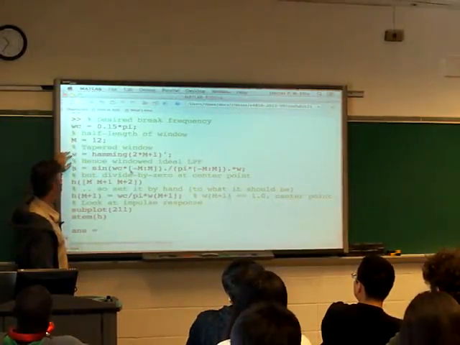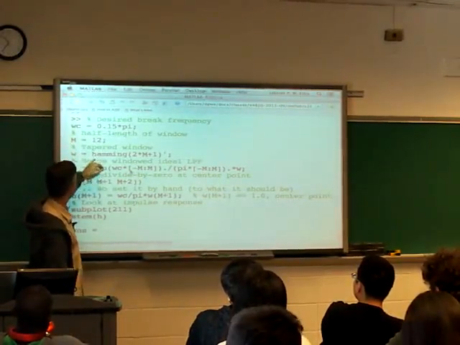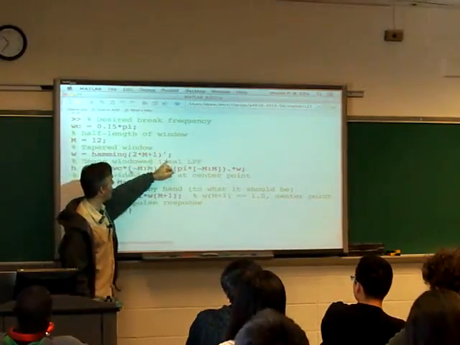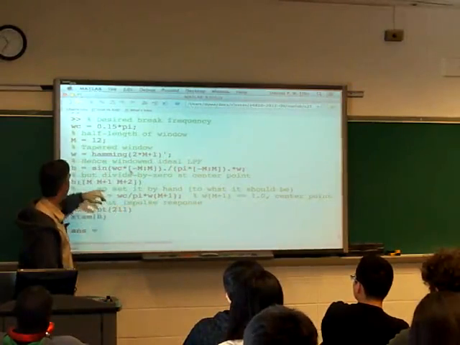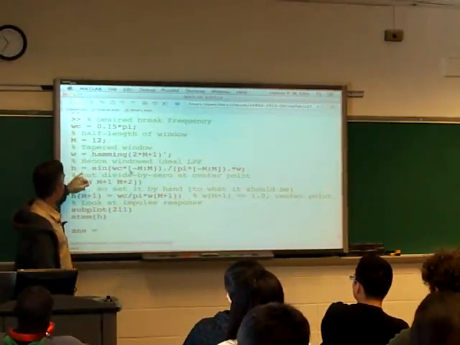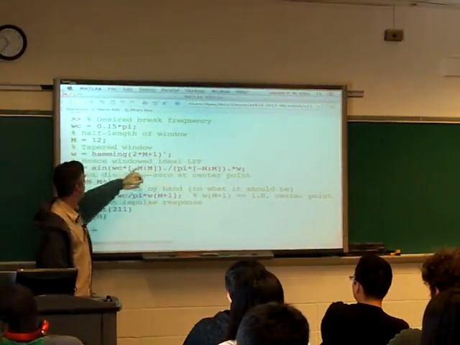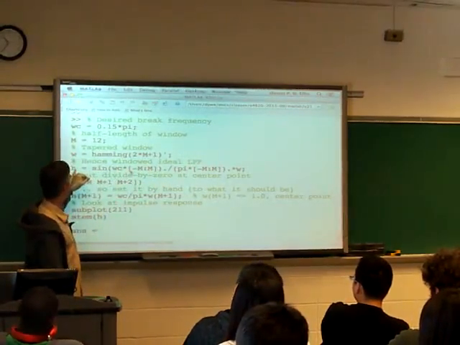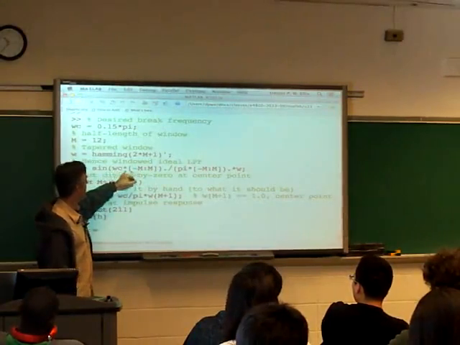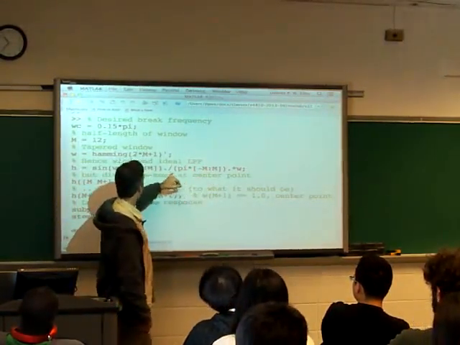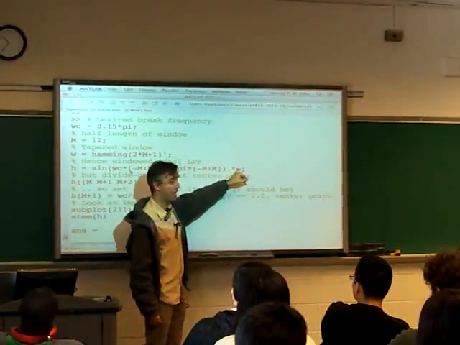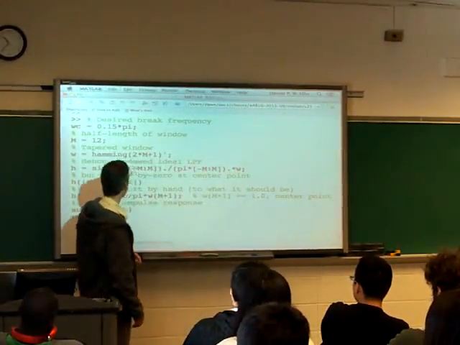Here's my Hamming function. MATLAB has Hamming built in, so I ask it for a 25-point Hamming function, and it gives me a column by default, so I just take the transpose to get a row. Here's my sinc function: the ideal thing is sin(omega c times n) divided by pi times n, and then dot multiplying it, so pointwise multiplying it, by the window.